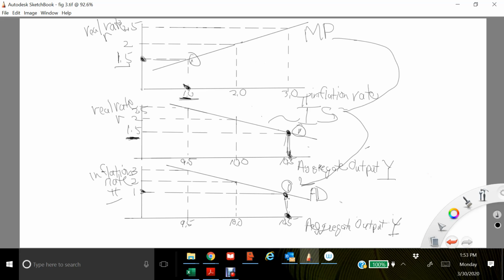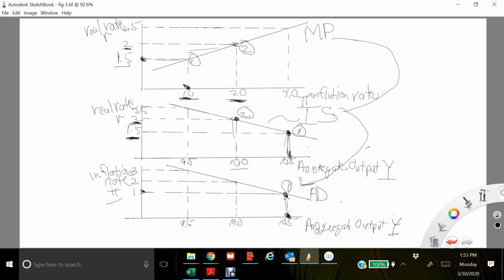For point 2, suppose there's an inflation rate of 2%. This is point 2. The Fed wants to set a real rate of 2%. Go over to your real rate here of 2% on the IS curve. You find that the equilibrium output in the economy is 10.0. That's point 2.